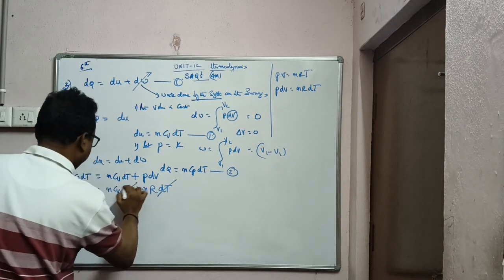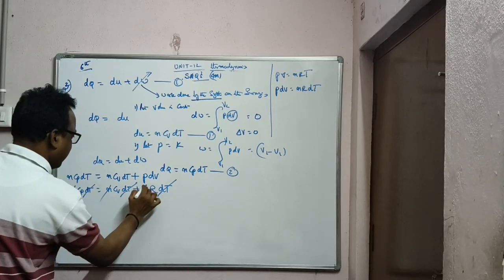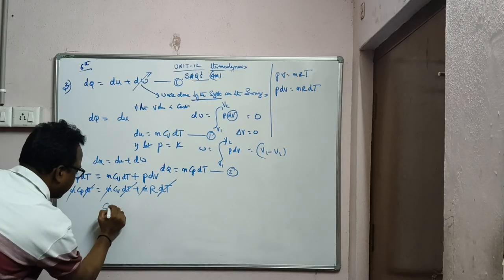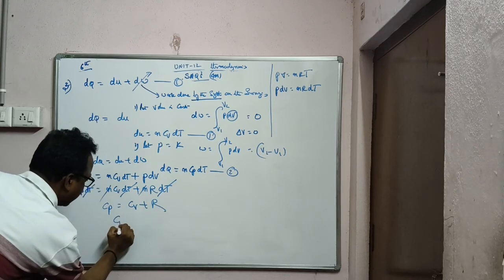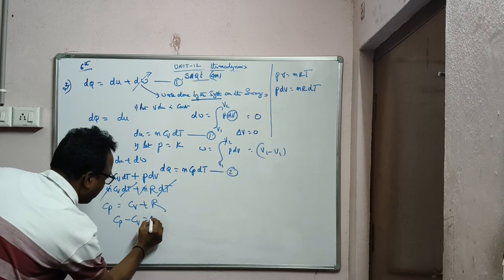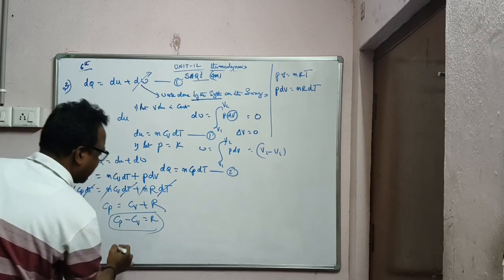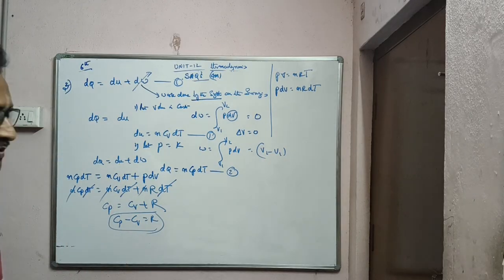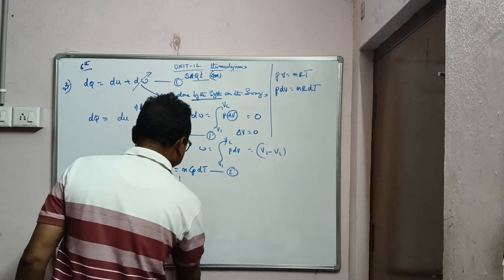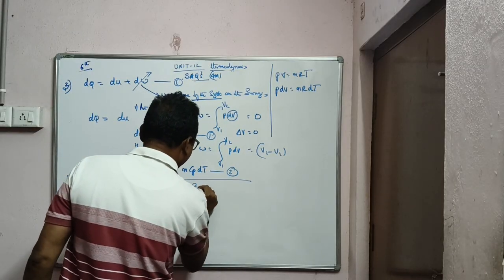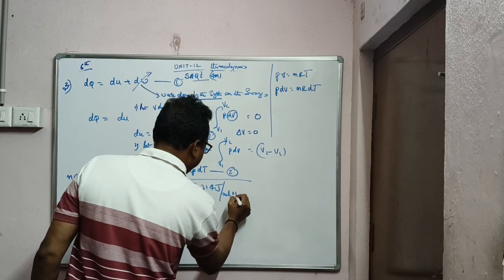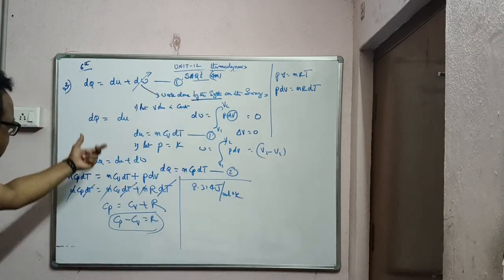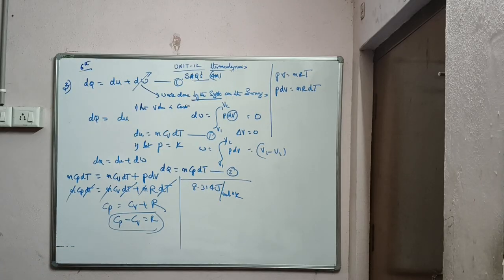Cancelling dT and n, therefore Cp is equal to Cv plus R, or Cp minus Cv is equal to the universal gas constant, that is 8.314 joule per mole per kelvin. So this is the relation by the first law of thermodynamics.